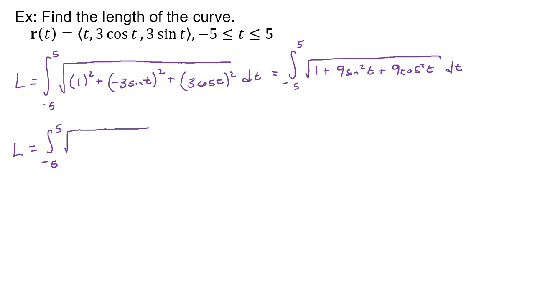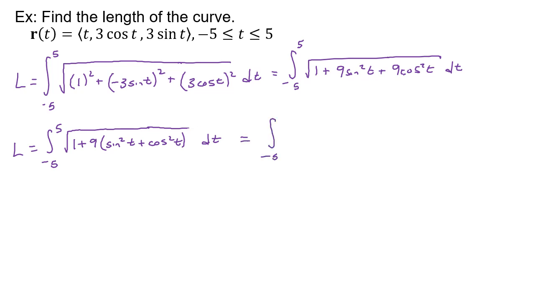I can factor the 9 off of the sine and the cosine part, and I'll have sine squared plus cosine squared. Since that identity is 1, that part just goes away.